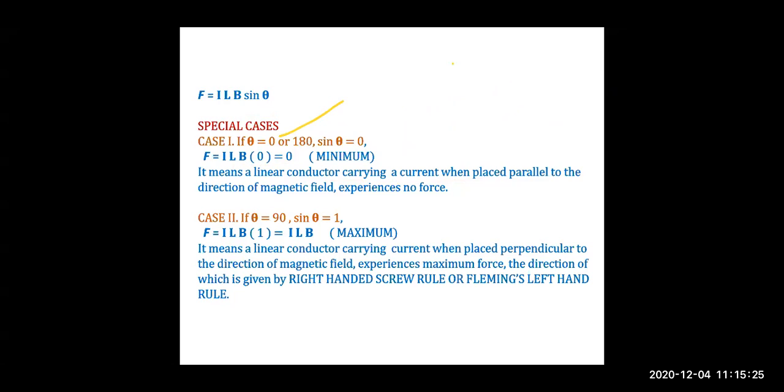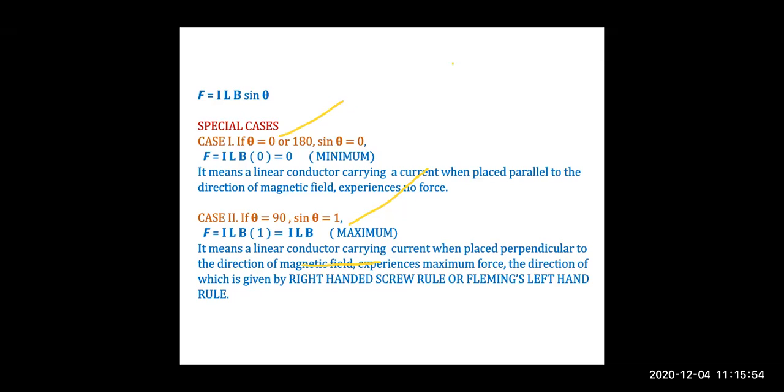So we know sine 90 is 1. So if we substitute that value, then here we will get the force as maximum, that is ILB, right? So it means that the linear current carrying conductor, when it is placed perpendicular to the direction of magnetic field, means your conductor and magnetic field are perpendicular to each other, then it will experience maximum force.